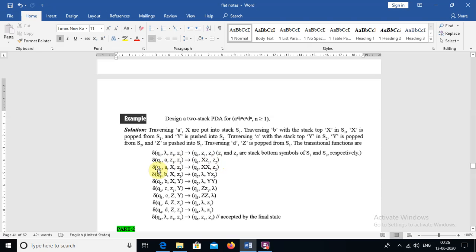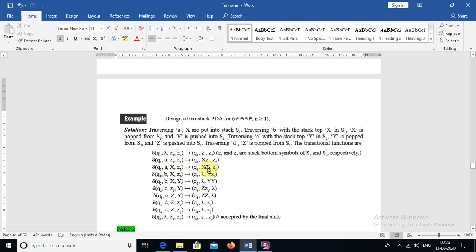Okay, then if you are in the Q1 state and you have the same input A again, you find X as the top of the S1 stack, then you can pop X, you can pop Z2, and you have to stay in the same state Q1.